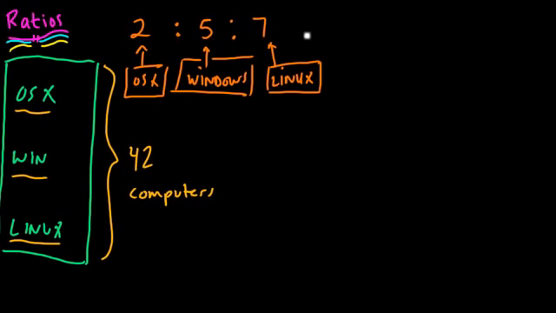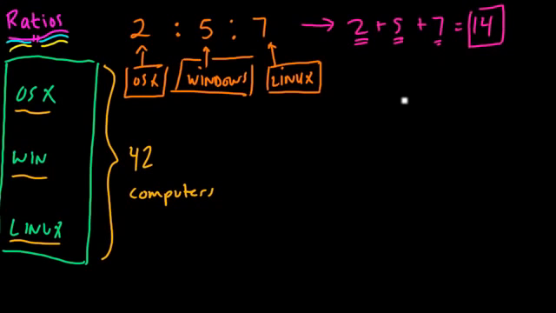And that means that we can add these 3 up: 2 plus 5 plus 7, and we get 14. That means for every 14 computers, there are 2 running OS X, 5 running Windows, and 7 running Linux. That's 14 altogether.